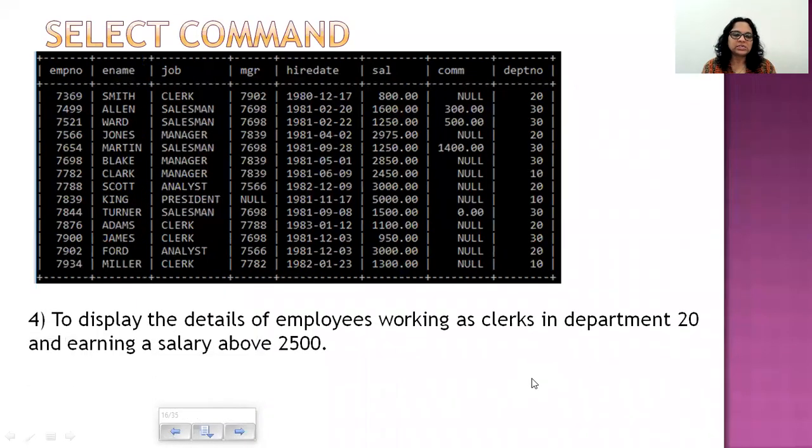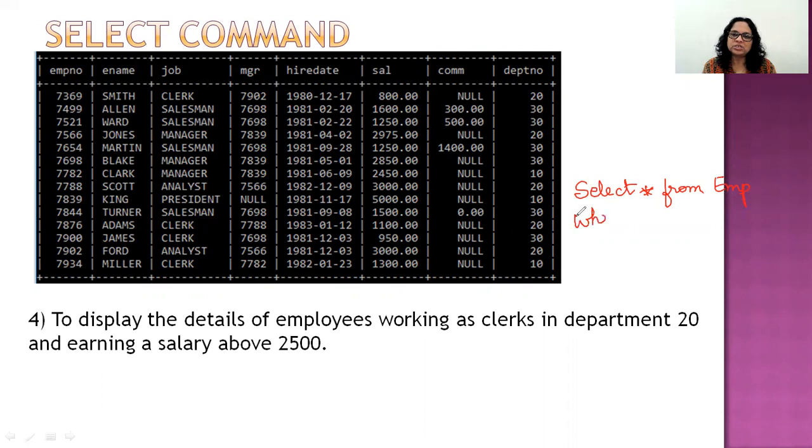The next question is: display the details of employees working as clerk in department 20 and earning a salary above 2,500. So how many conditions? 3 conditions. He has to be a clerk, he has to be in department 20, and he should be earning a salary above 2,500. Details means select star from EMP.